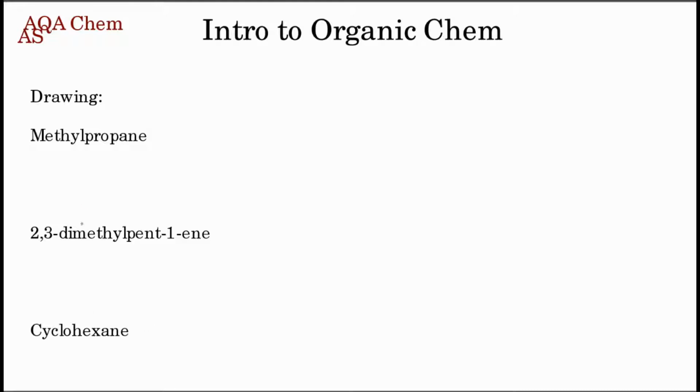Now, I'm going to draw them for you in displayed and in skeletal form. So let's start with the methyl propane. So we know that there's 3 carbons on the backbone, and we know there's a methyl there. Note, however, that it doesn't have a number on the methyl, and that's because it doesn't need a number. The methyl comes here.